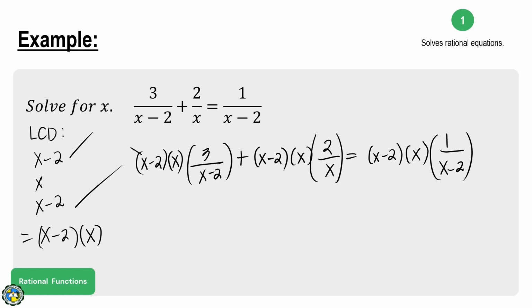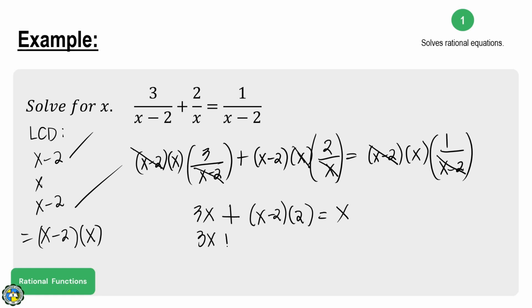So, pag minultiply ito, pansinin nyo, pareho yung labas at ilalim, maka-cancel out, matitira na lang si x times 3, that is 3x. Plus, parehong may x sa ilalim at sa labas, maka-cancel out. Matitira na lang si x minus 2 times 2. Equals, eto, pareho yung labas, matitira na lang si x times 1 is x.